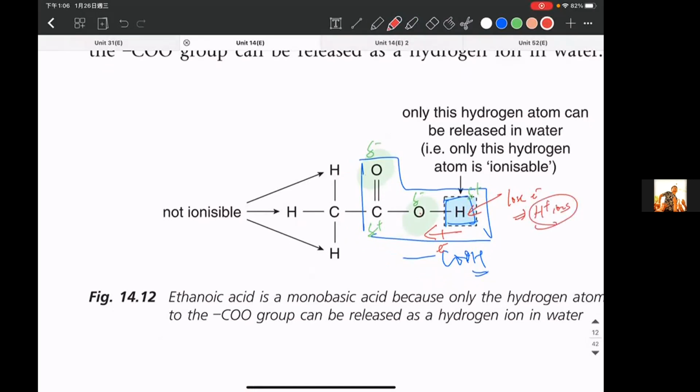That will occur less easily with this other hydrogen.